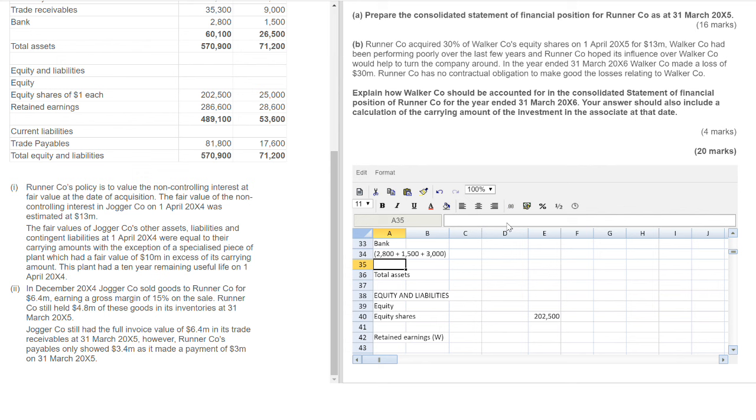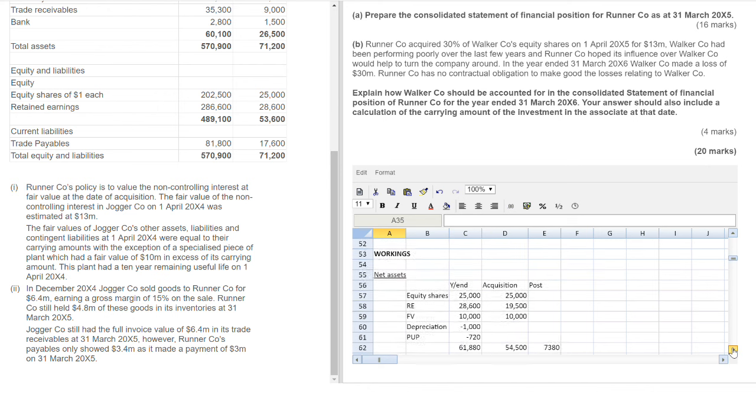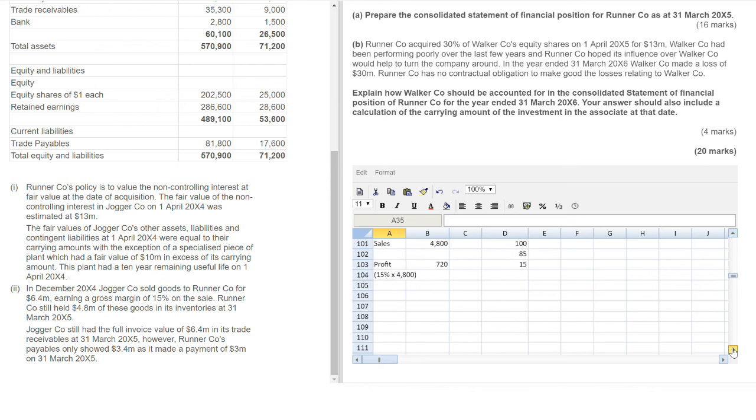There we go. Just notes. I'm sort of loath to do it, but I will do. Just so you can see what we have done there. This is for demonstration purposes only, so you don't need to do it. Just so you can see that it does all balance. So we have credited the receivables with the 6,400.